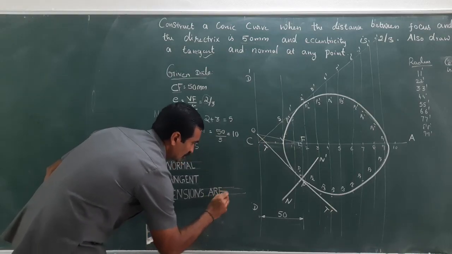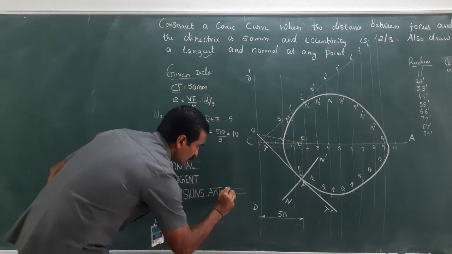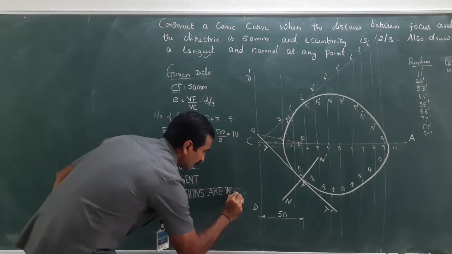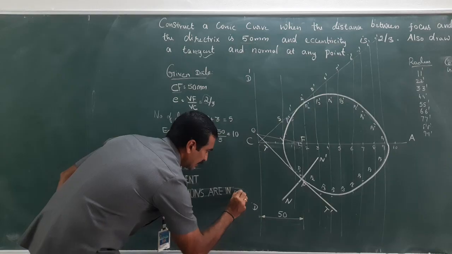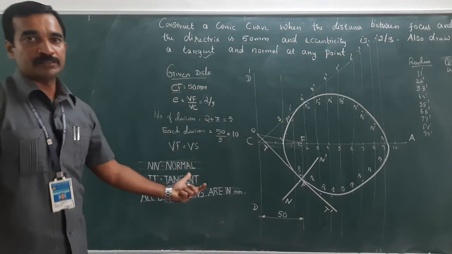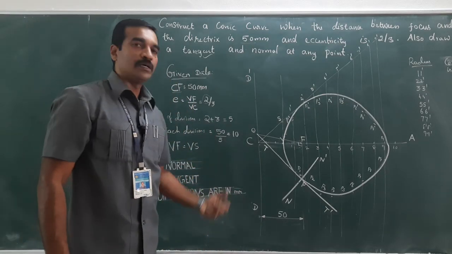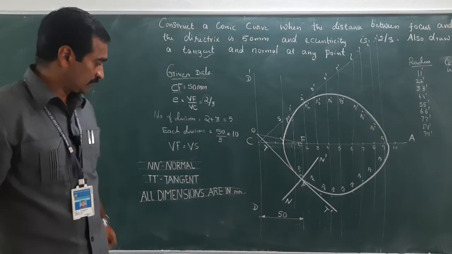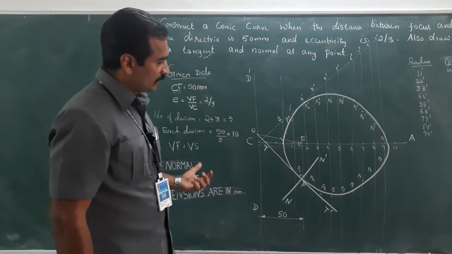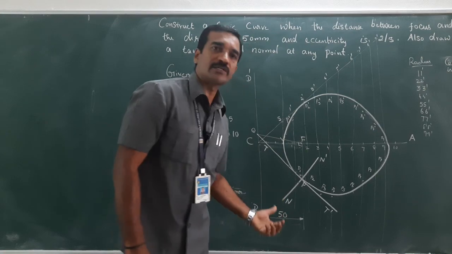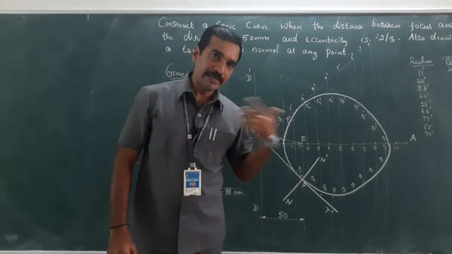The unit of dimension should be written in small letters. You should not use uppercase, right? So now, scaling: have you considered any reduced scale or enlarged scale here?